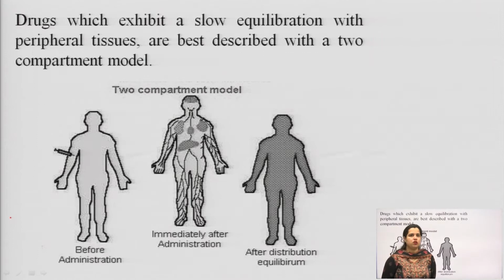Immediately after administration, first it will go to plasma and then it is slowly distributed among peripheral tissues. Blood is the central compartment and how the drug goes to peripheral tissues is a different compartment, and the study of these two compartments comes under two compartment modeling.